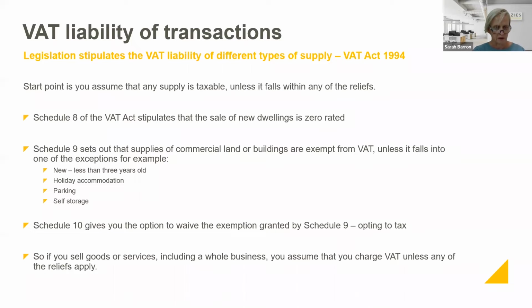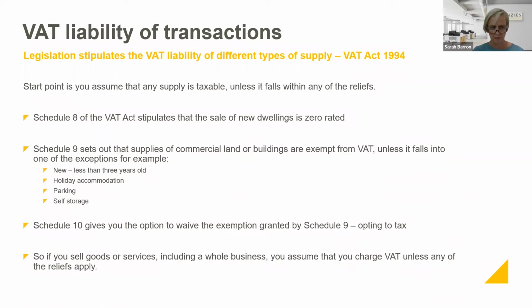So for property transactions, there's a whole plethora of VAT brackets that a transaction could fall into. We're aware that if we build and sell new homes, that will be a zero rated supply. But for the purposes of this morning, we're going to set aside residential property. We're just focusing on commercial property.